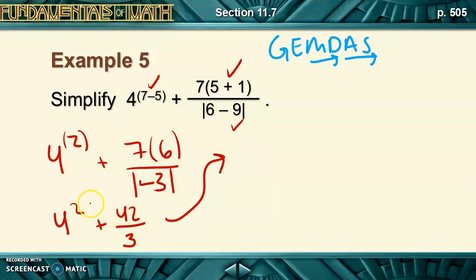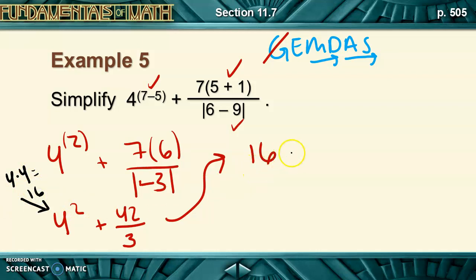All right, we still have a group. Now let's go ahead and say we're done with grouping symbols. Let's apply our exponents. We do have an exponent. 4 squared is the same thing as 4 times 4. 4 times 4 is 16.